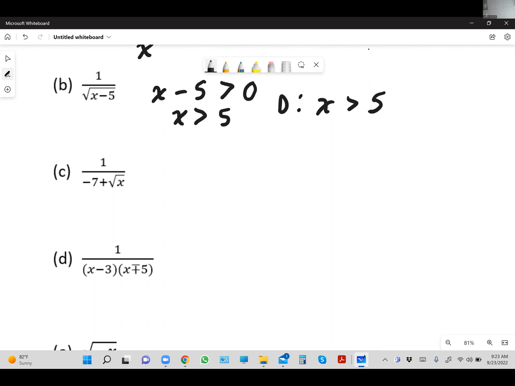Okay, guys, let's talk about C. So we have a denominator. Can the square root be negative? Okay, so we know no negatives here. Is it okay for this whole thing in the denominator to add up to 0? No. So now we have to explore that option.